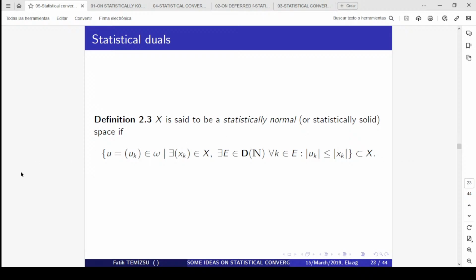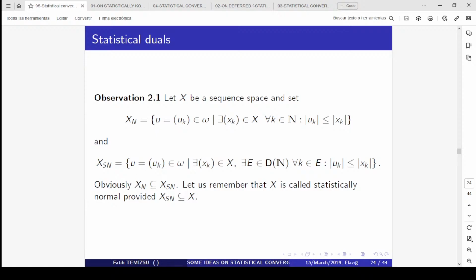Here we redefine the concept of statistical normality under this concept. And here we have an observation that might be considered as an open question.